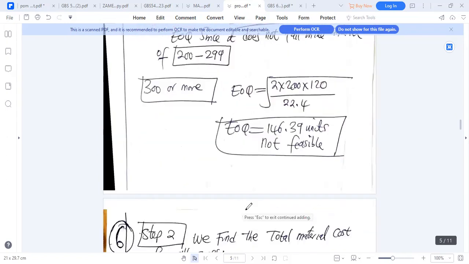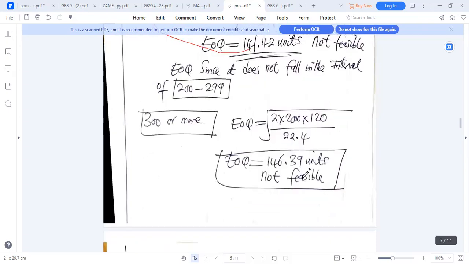Then the other one, 300 or more, we found 146 point something. This one is not feasible because the interval should be 300 or more, and it does not fall in that interval. So this is just about how to know what is going on according to the information that has been given.